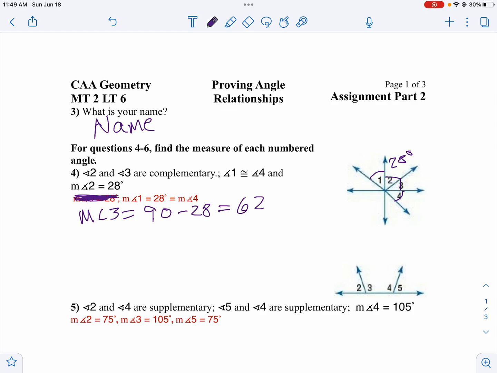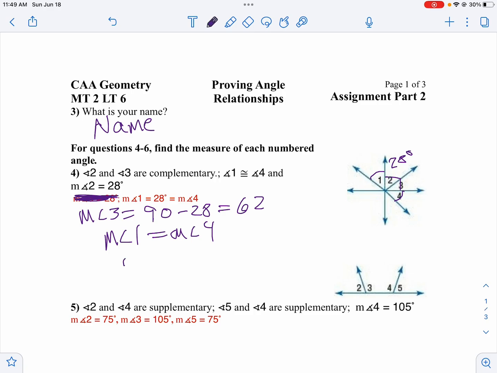Okay, then I want to find the measure of angle 1 and the measure of angle 4. Well, the measure of angle 1 equals the measure of angle 4. Now, how do I figure those out? Well, remember, this is 90 degrees.